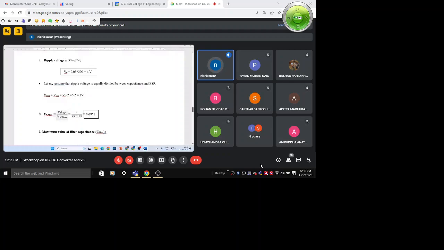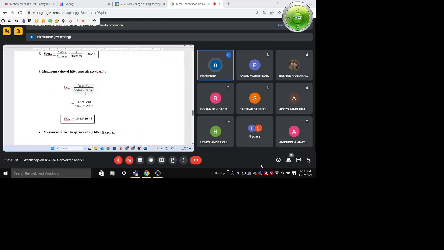The maximum value of capacitor formula: maximum value of duty cycle Dmax multiplied by output voltage divided by switching frequency multiplied by RL max and multiplied by VCP.